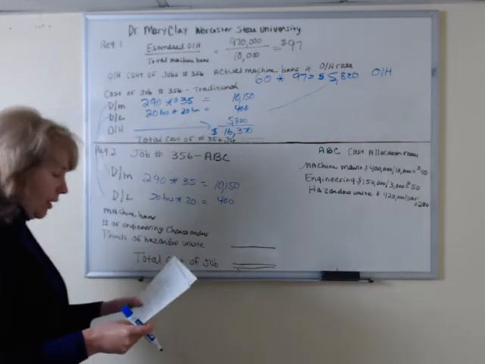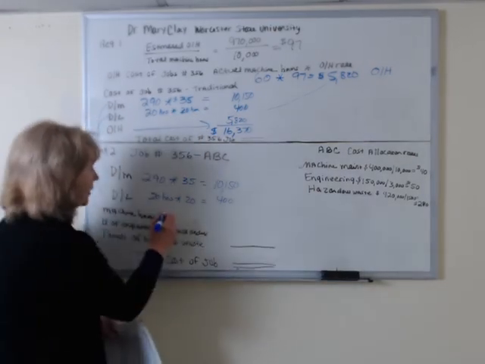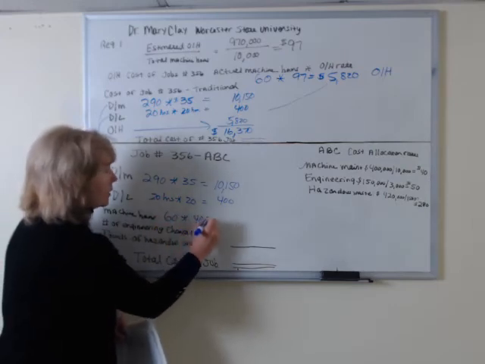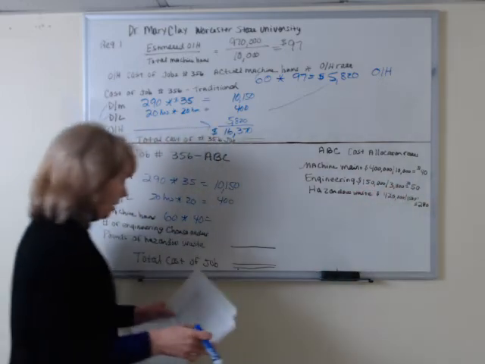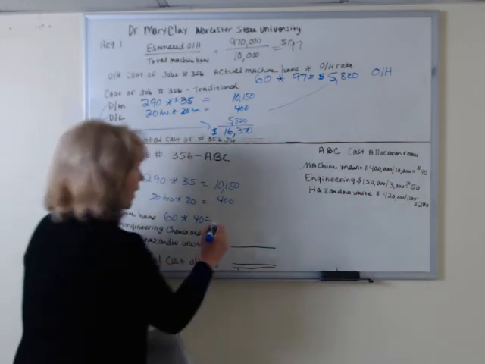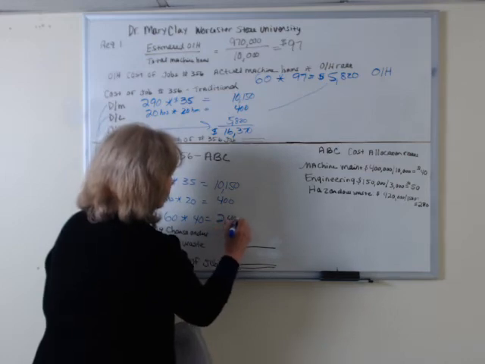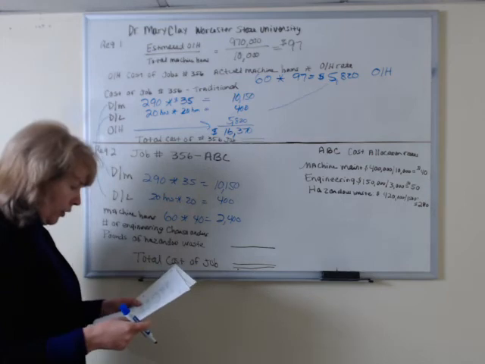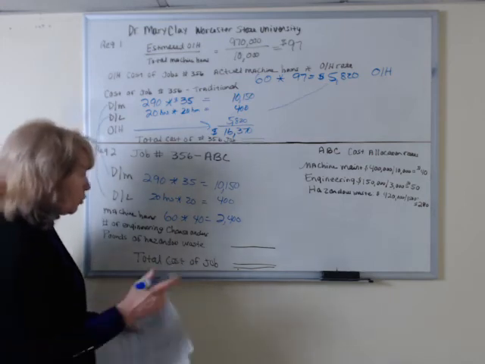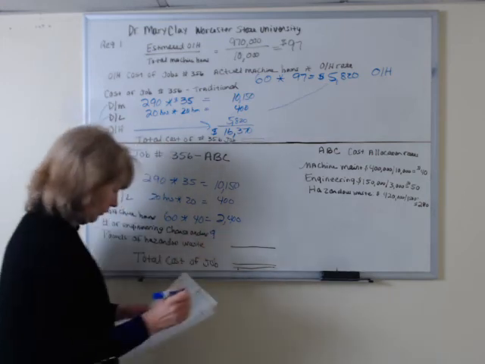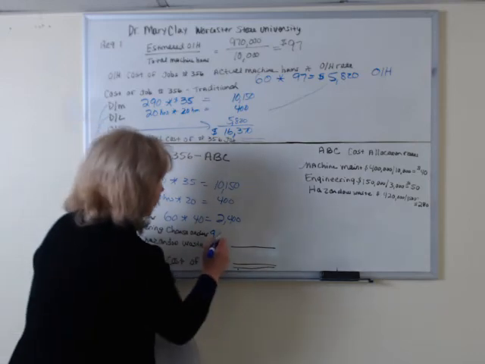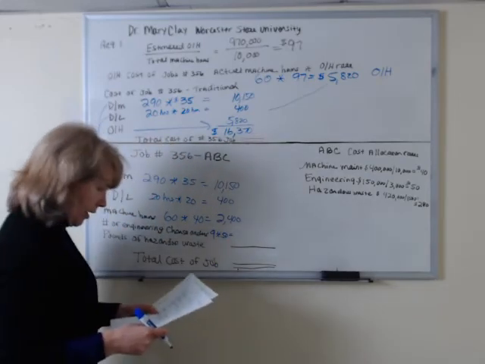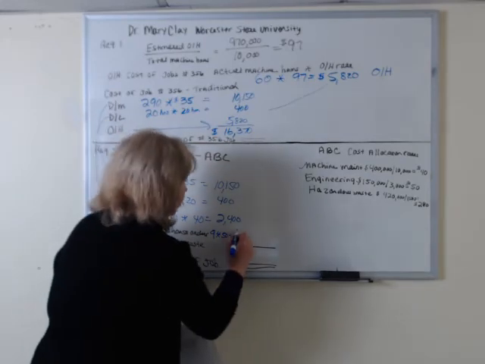So we're going to take machine hours, 60 times 40, remember, that's coming from here, and that's going to equal 2,400. Then we're going to do engineering change orders. The actual was 9 times 50. That's from here. We break that out, and that gives us $450.